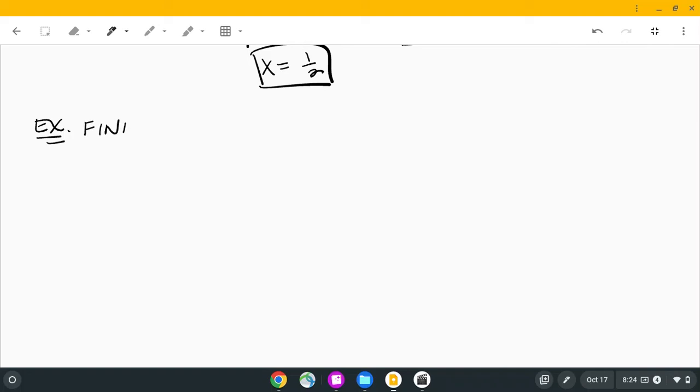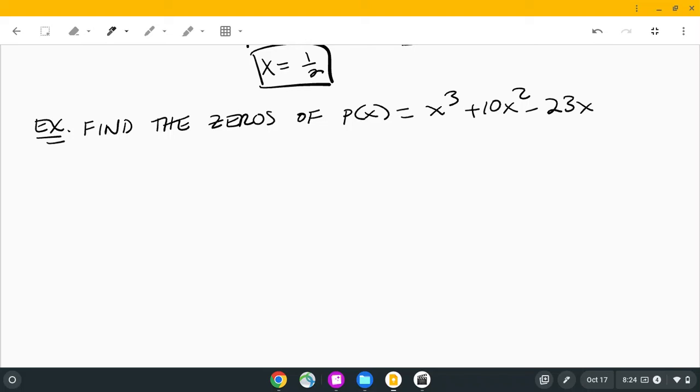Find the zeros of, again, it all means the same thing. Find the zeros of p of x, which equals x cubed plus 10x squared minus 23x plus 12. Okay, so factors of p.